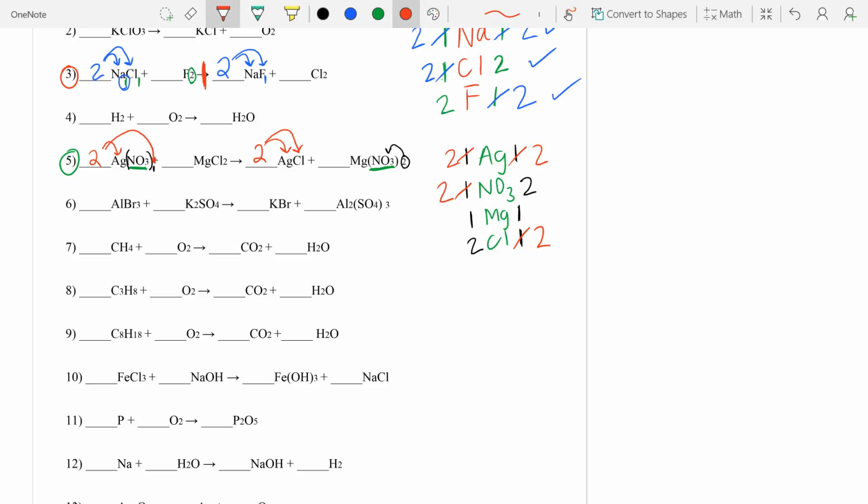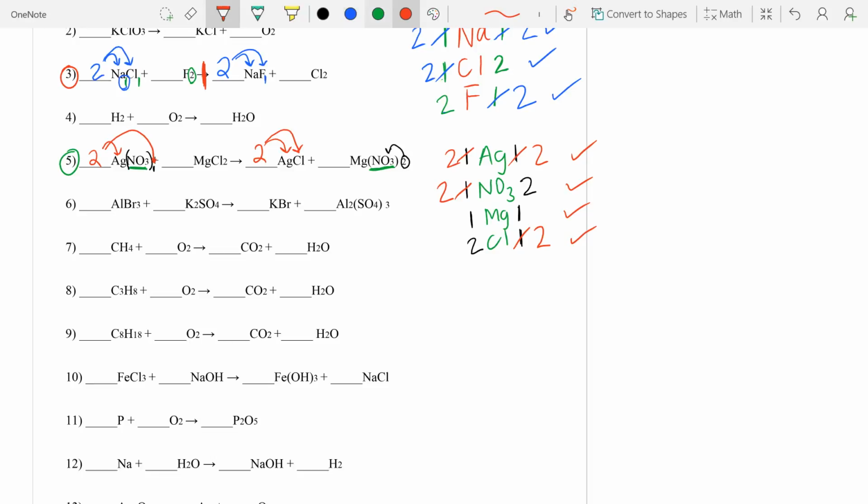And I find myself balanced. I have 2 silvers on both sides, 2 nitrates, 1 magnesium, and 2 chlorines. They're equal on both sides. So I'm pretty pleased about this and I can be finished.